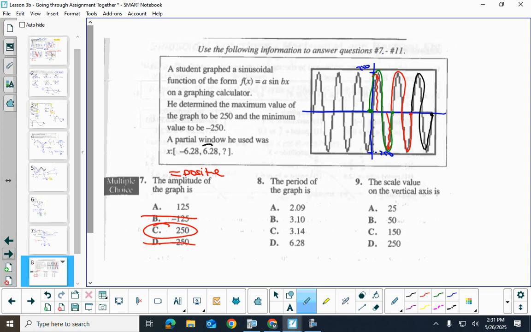You're told right here that your X max is 6.28. So to figure out the period, you were able to fit in 3 patterns in 6.28. So you're going to go 6.28 divided by 3, and you'll get out 2.09.